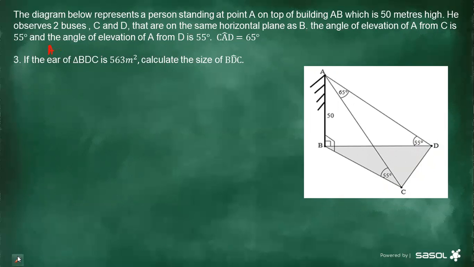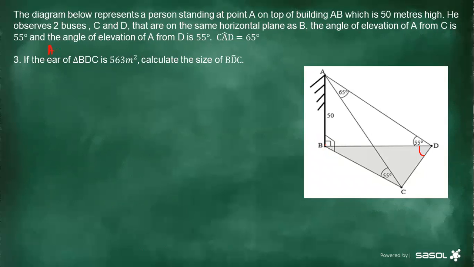I will just write A, just to show it's the area. The area of triangle ABC is 563 meters squared. Calculate the size of angle BDC. We are already given the area, so we need to calculate with it.